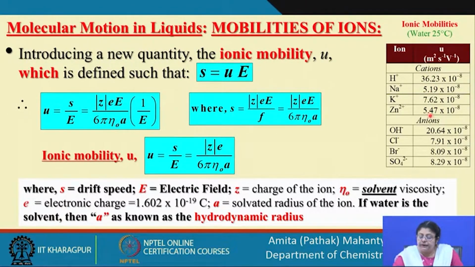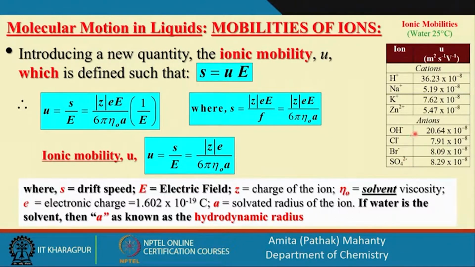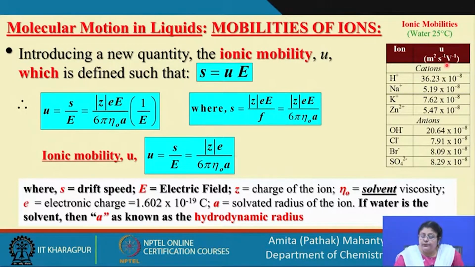Now, when we look at the anions, just have a look at the type of anions which we have: chloride, bromide, sulphate and the hydroxyl ion. The order of the mobilities is all 10 to the power -8. The unit is meter square, second inverse and volt inverse.